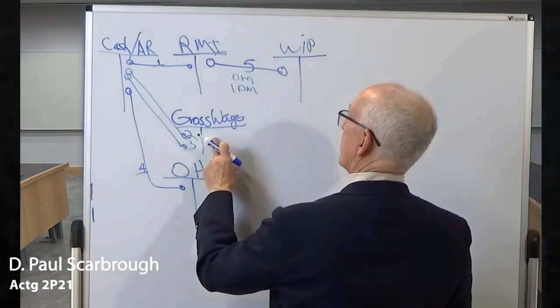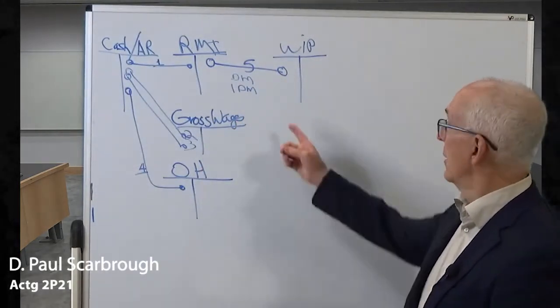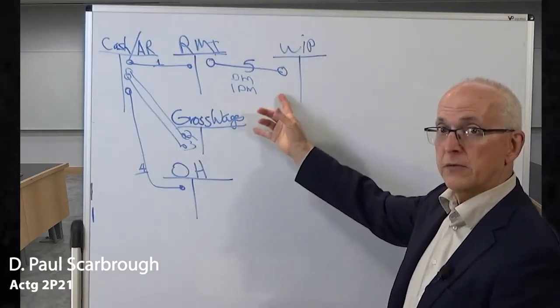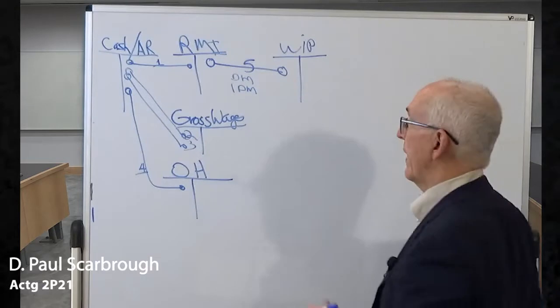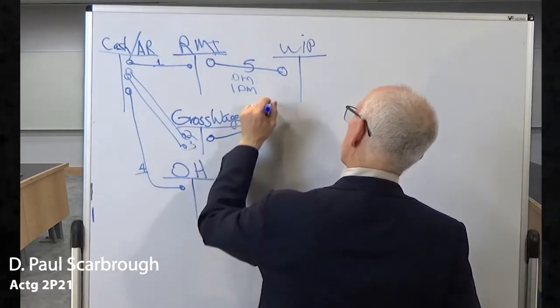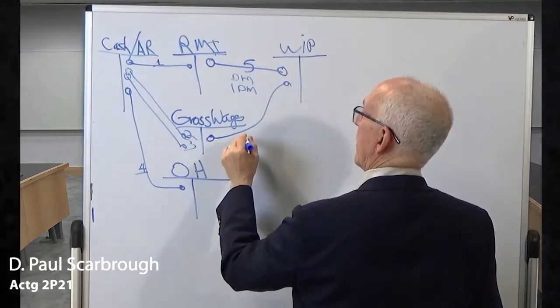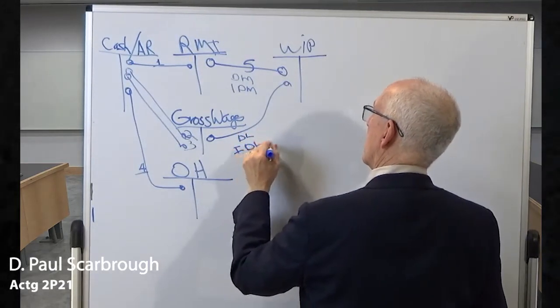So the wages have to be assigned to the products also. So somehow, when the people do the work, we have to have a journal entry that transfers the wages from the wage account into the factory account. And here we also are going to have a journal entry that is going to have both direct labor and indirect labor in it.